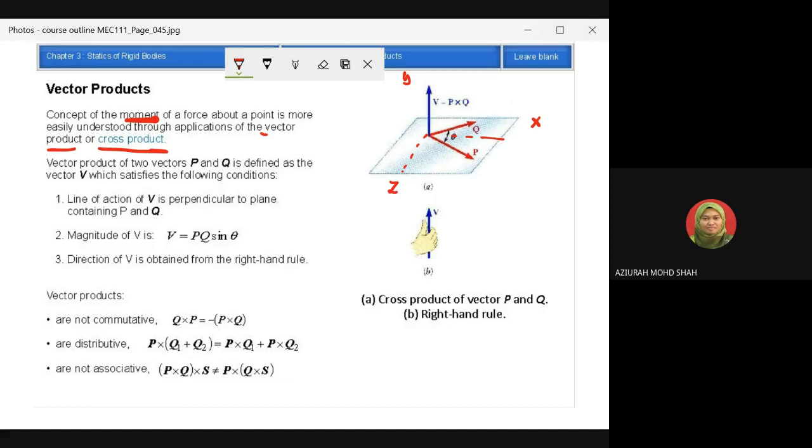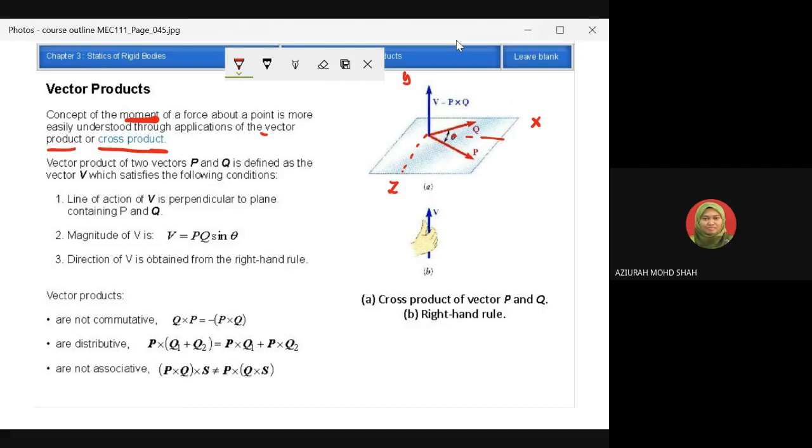So daripada ni, okay, kita boleh nampak the result dia adalah V, hasil lah daripada these two vector P cross Q ni. So kita akan dapat V. So V ini kalau you tengok dia punya direction is along positive y axis.